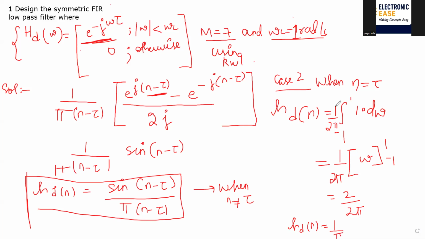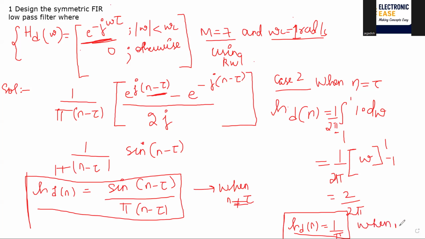This 1 by 2 pi came from the main equation, which is 1 by 2 pi into the integration from -pi to +pi of HD of omega into e to the power of j omega n into d omega. After finding case 1 and case 2, you need to write both again: for n not equal to tau and for n equal to tau.